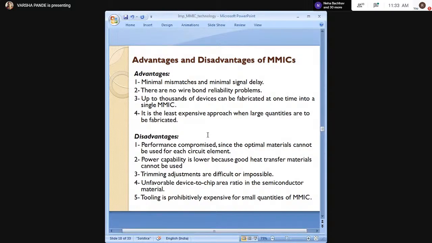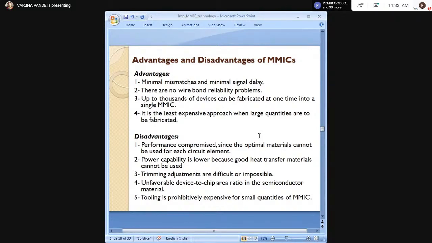Suppose simultaneously you want to fabricate an inductor, capacitor, etc. For particular devices a particular material is good, but as you want to fabricate all the devices simultaneously, you have to use the same material for all the devices or components. Therefore you can't use the optimal material here, because you are fabricating all the components simultaneously. So that is the main disadvantage.